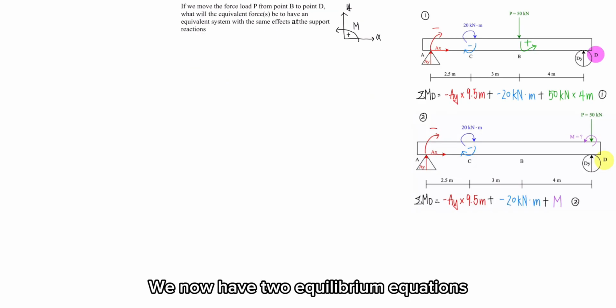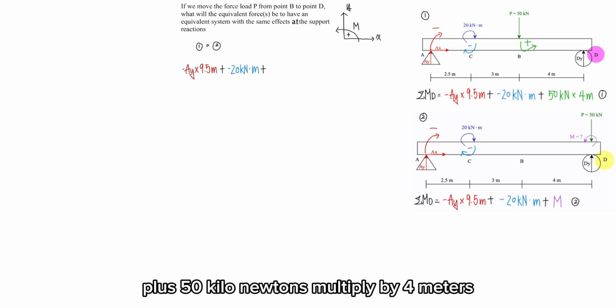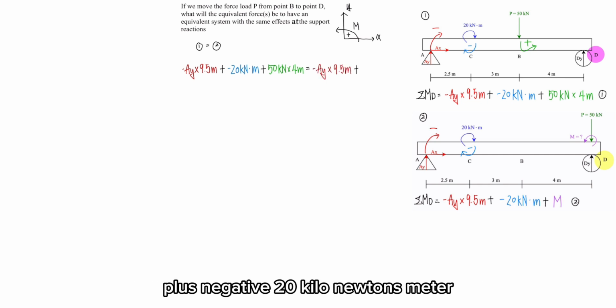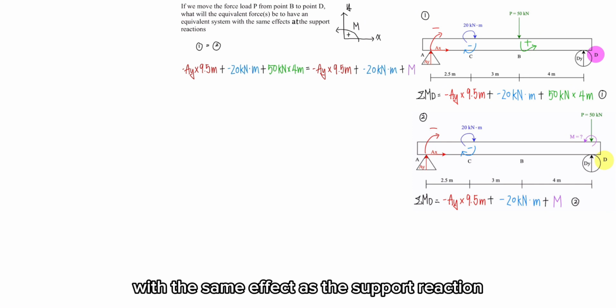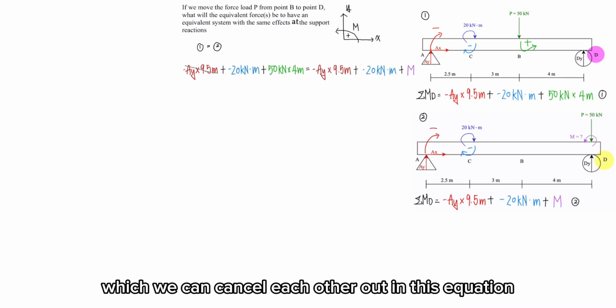We now have two equilibrium equations that take the moments at the same point. We will make them equal to each other. We get negative AY multiplied by 9.5 meters plus negative 20 kilonewton meters plus 50 kilonewtons multiplied by 4 meters equals negative AY multiplied by 9.5 meters plus negative 20 kilonewton meters plus the unknown moment M. Because we want to have an equivalent system with the same effect as the support reaction, which is AY in this case, we know that AY must be the same, so we can cancel them out in this equation.